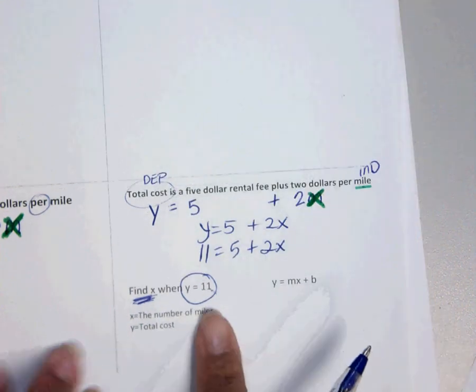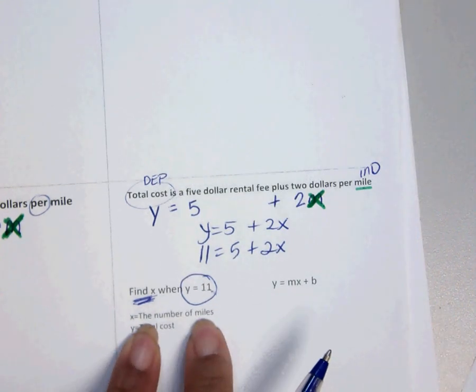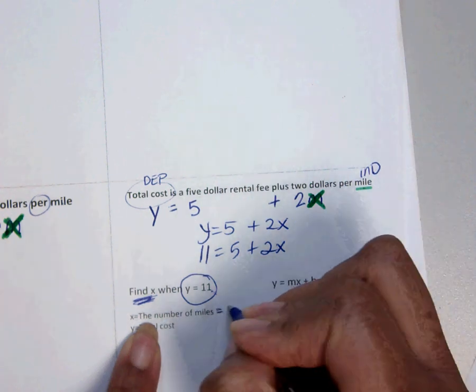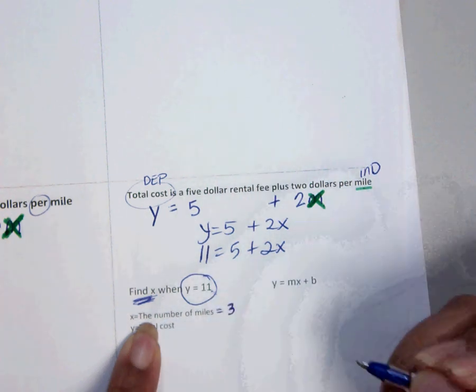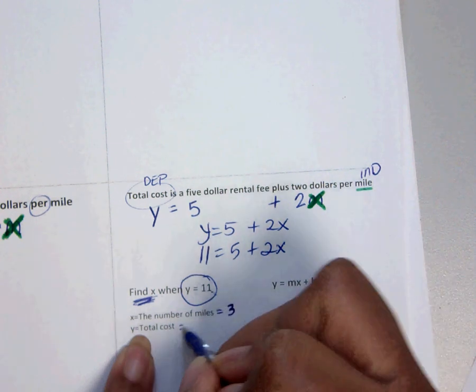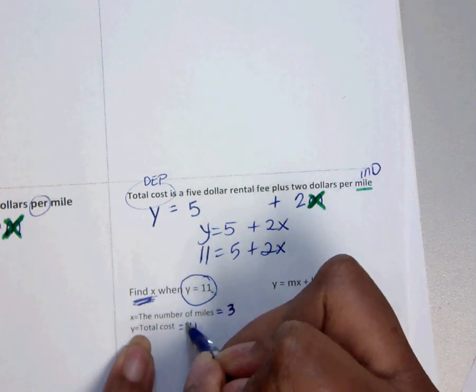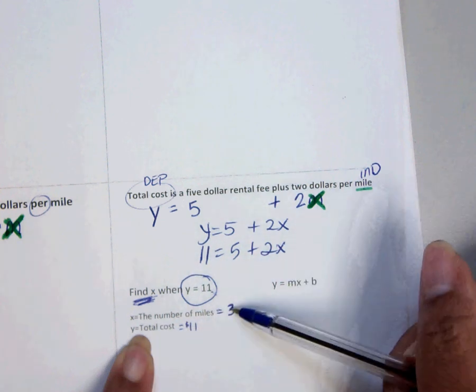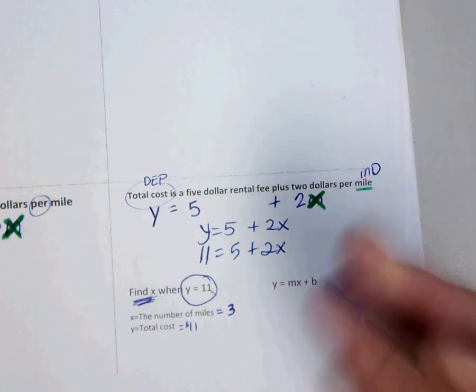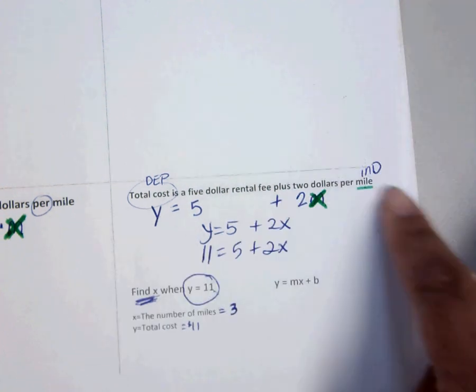Now, if x equals 3, what did we just find? We just found the independent variable, the number of miles. So there are 3 miles. And what does 11 represent? The cost. So when the total cost is $11, there had to have been 3 miles that was driven, I guess, in order to add up the total cost for this scenario.